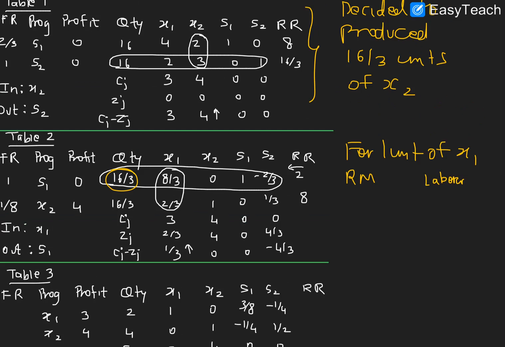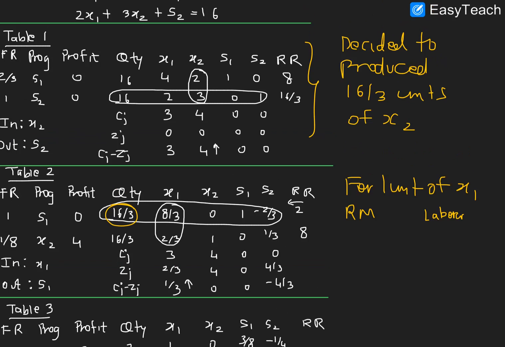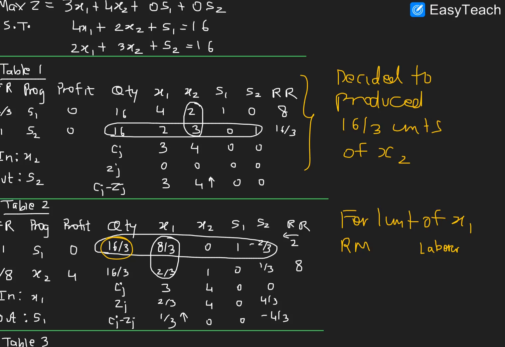So we say that for 1 unit of x1, the raw material that was required was 4 units, or I can say 4 kg and 2 hours. So that is 4 kg and 2 hours.